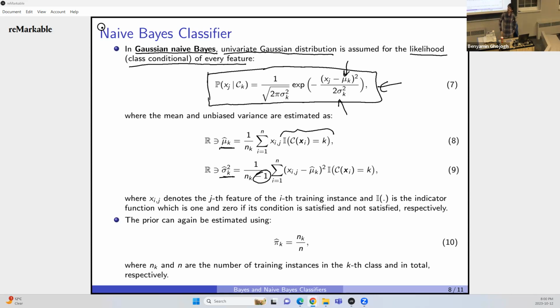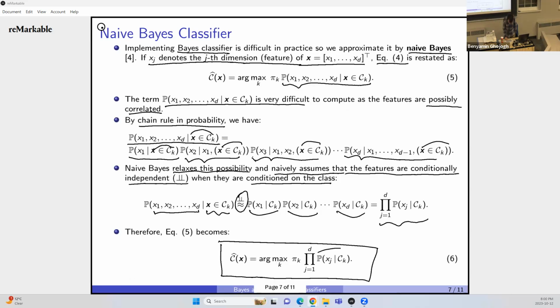Let's go back to equation 6. How many times am I using this? D times, x1 to xd for every class. So for every class, I have d of them. In other words, I have d times the number of classes of these, right?